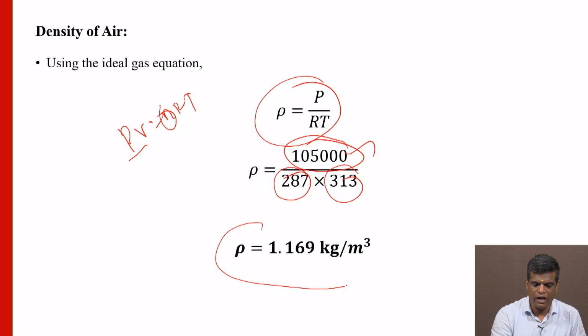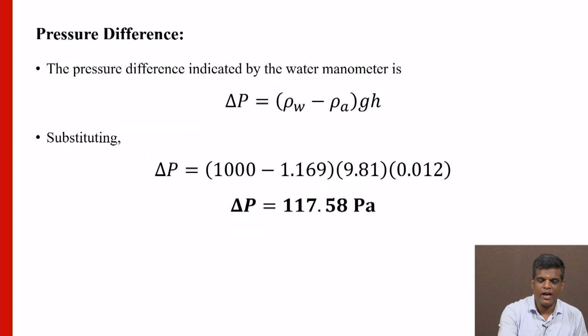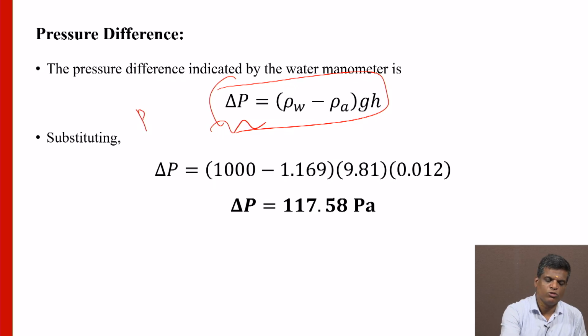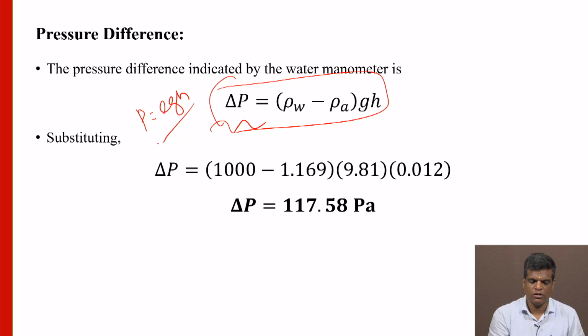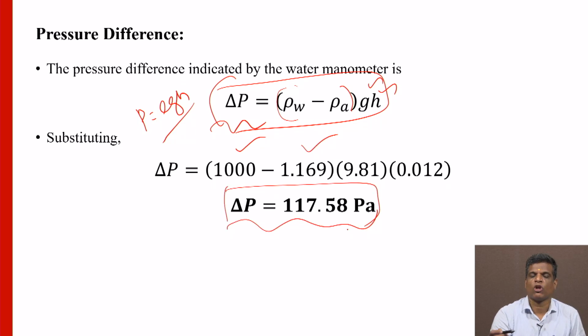From there we get the density of air. Once the density of air is done, for the pressure difference we always write P equals rho g h. The rho, g and h values are known, the density of water we know, and the air we know, so from here we get the pressure drop.